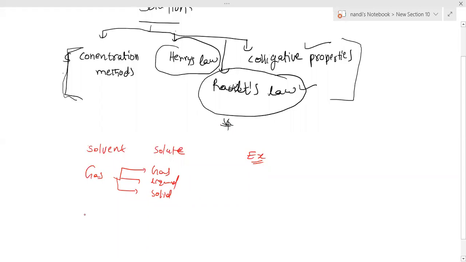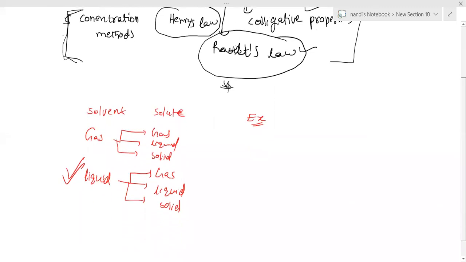In liquid, you can take it is also again 3 types: gas, liquid, solid. But in our syllabus, we are going to discuss mostly this part, concentration only with respect to liquids, because generally all general organic reactions occur in the liquid phase only.